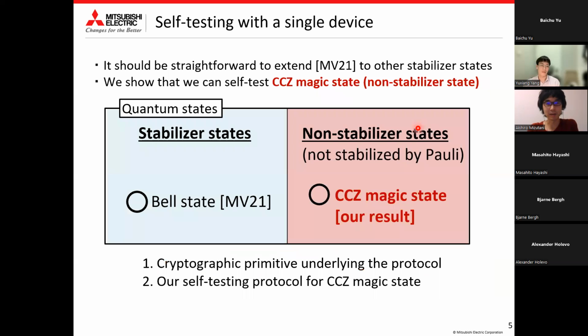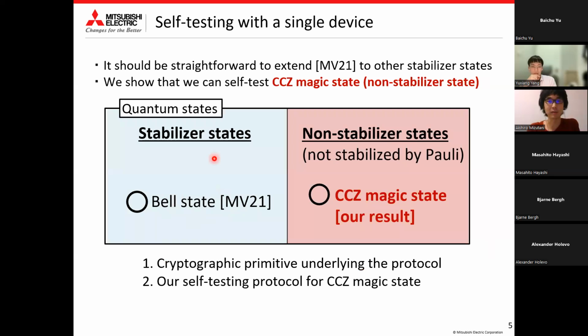The previous work shows that the Bell state can be self-tested with a single quantum device, and it could be possible to extend this result to other stabilizer states. But how to self-test the other class of quantum states, namely non-stabilizer states, was an open problem.